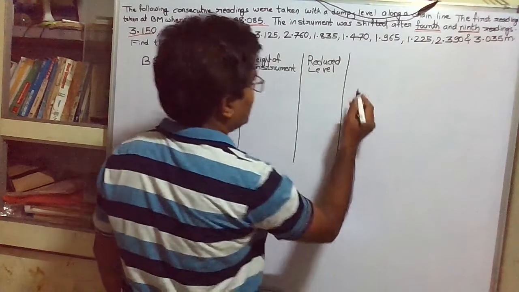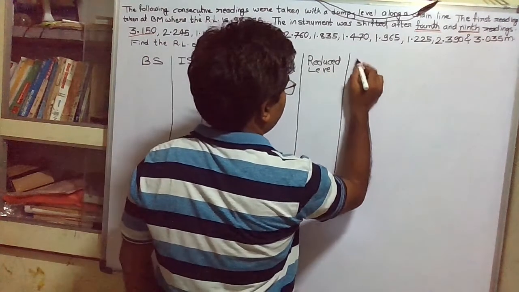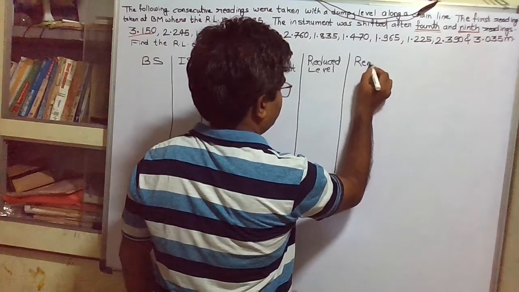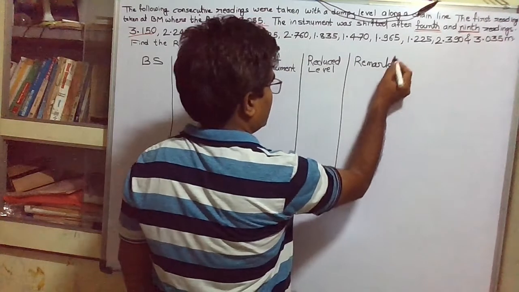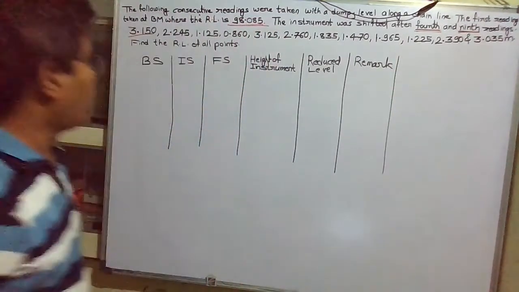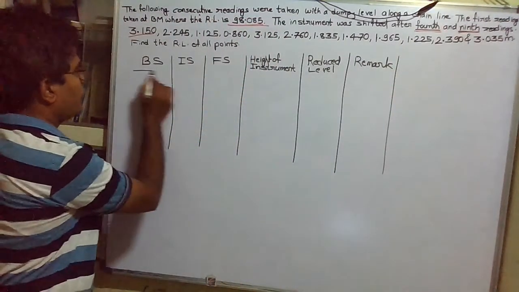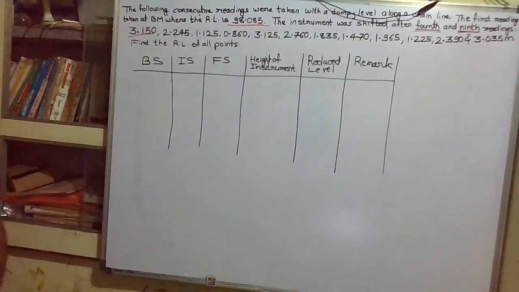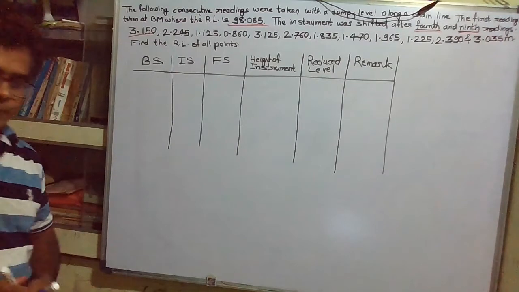And the last column will always be remark. This is the general format of table which we can use for calculating the reduced level of any survey.